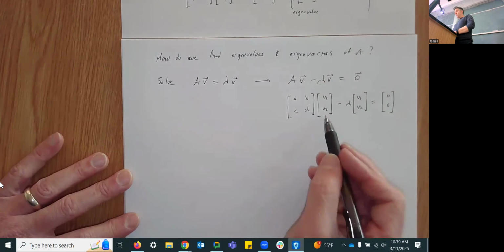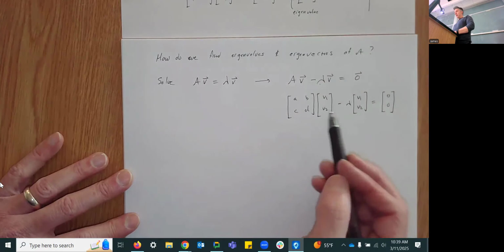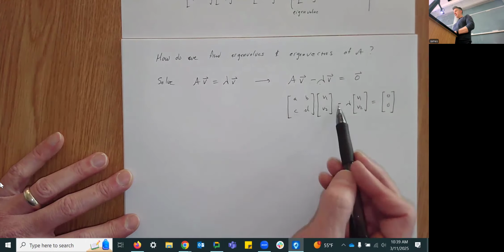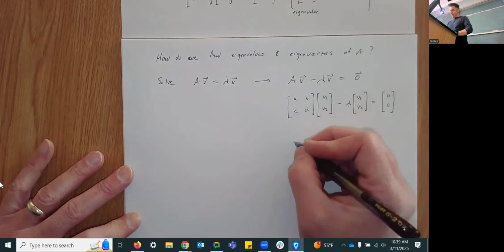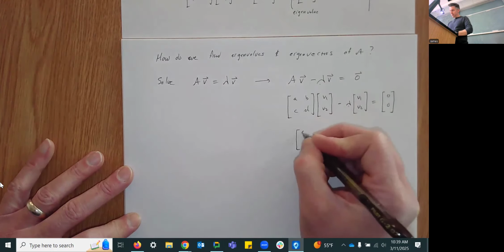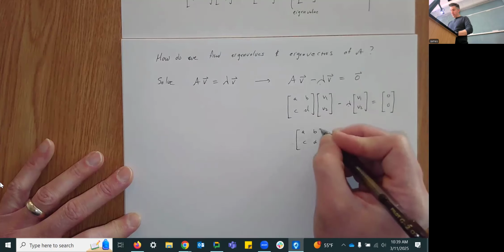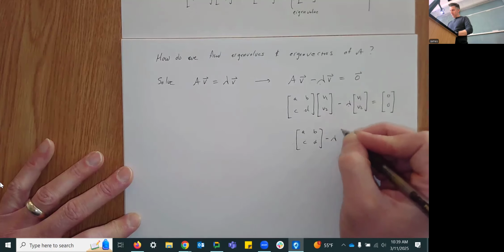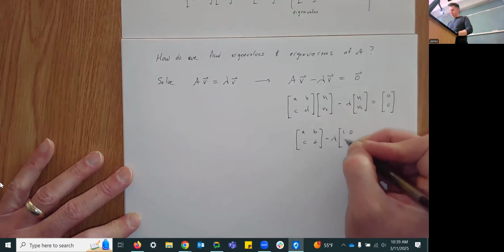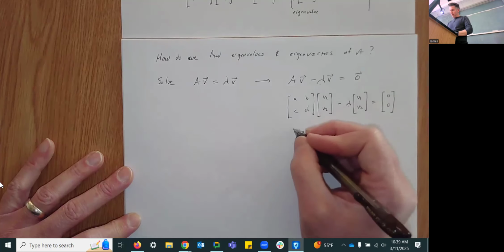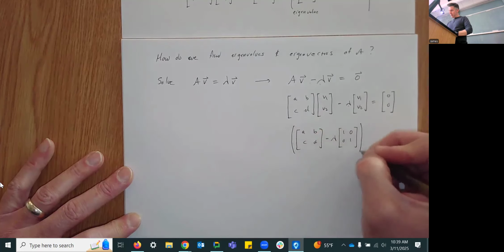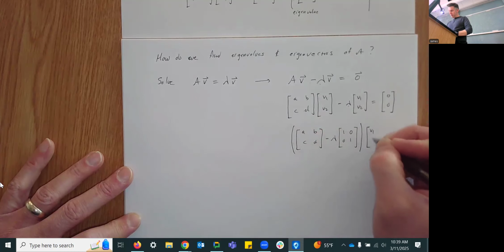If I want to factor the v1, v2 out, I can't just be left with A, B, C, D minus lambda. I need the matrix A, minus lambda times the identity matrix 1, 0, 0, 1. All of that multiplied by the vector v1, v2.